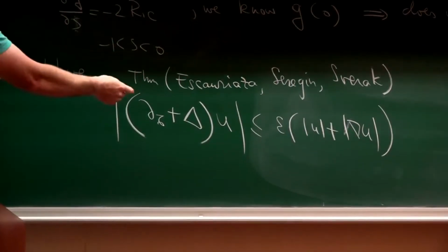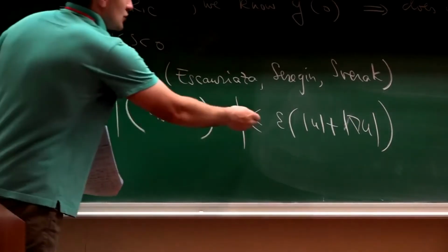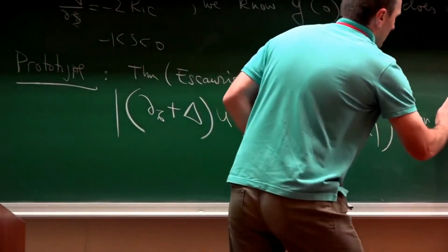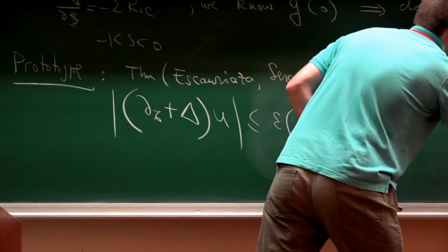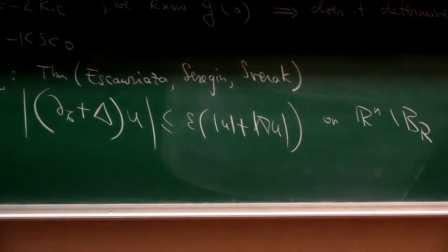It's not necessarily a backward heat equation, it's just maybe controlled by some epsilon. And this is true on Rn minus a ball of radius r. Exactly like here, I don't know the flow exists for all the manifold, only outside the compact set.